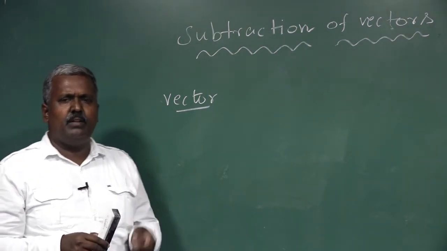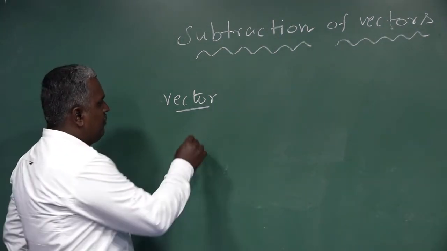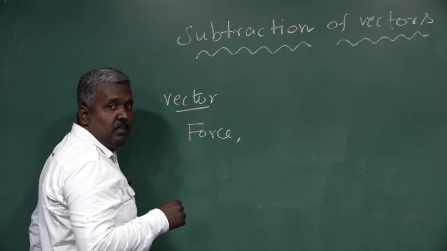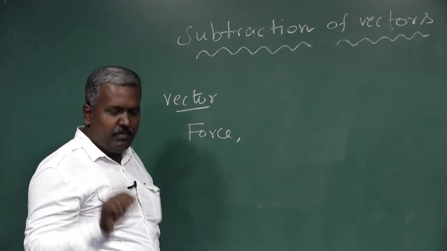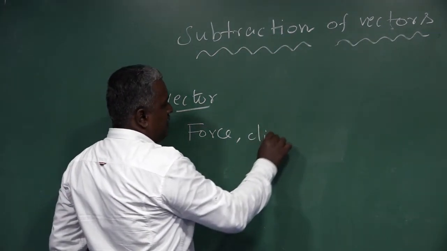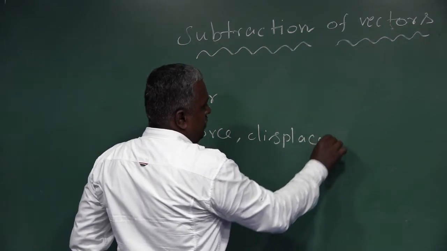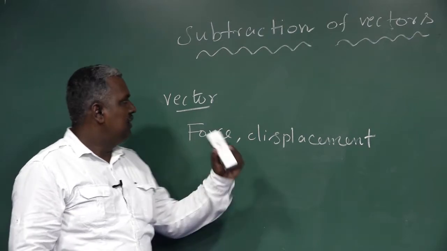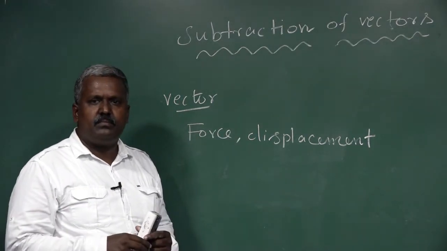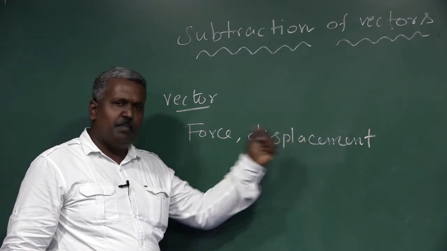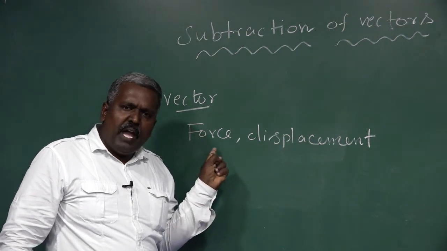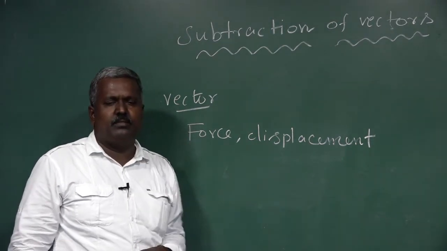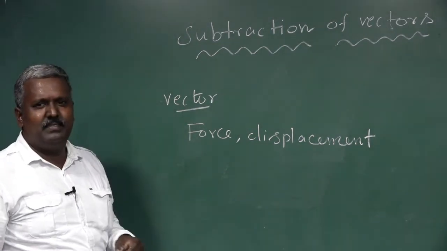For example, force and displacement. This is an example for vector quantity, because it has both magnitude, that means a number value, and also direction. So that is called vector.